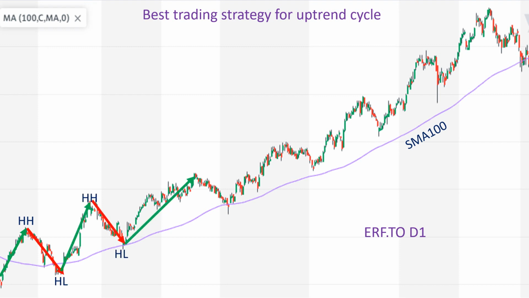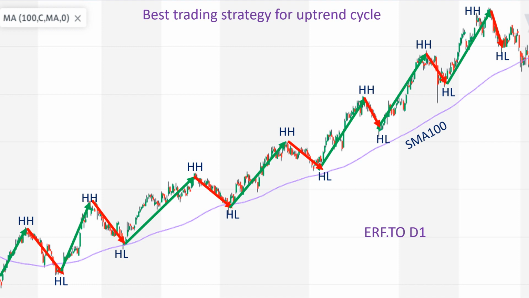As we explained before, this is the characteristic of a strong uptrend, which is going strongly upward all the way to the top. Now, when it almost reaches the top, you see the market doesn't make a higher high anymore, and instead it makes a lower high, and then a lower low.